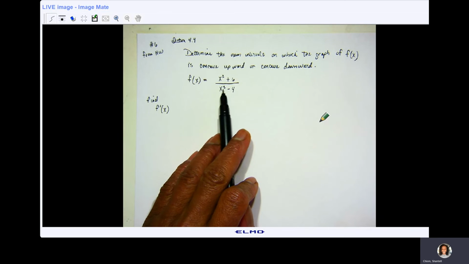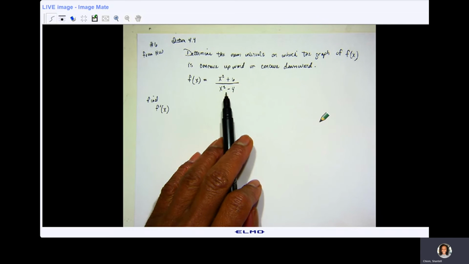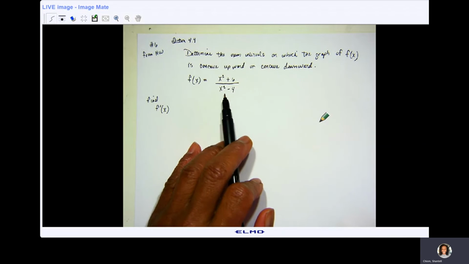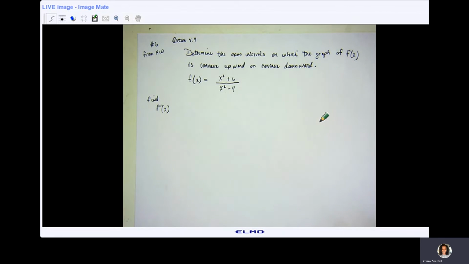Take a look. This is a rational function. It has a denominator. If that denominator is 0, then the function doesn't exist at those values, so the graph would have breaks or gaps or holes.